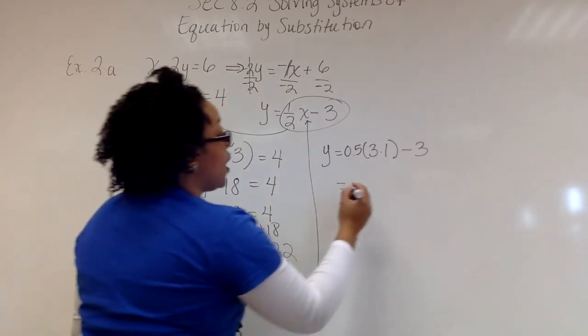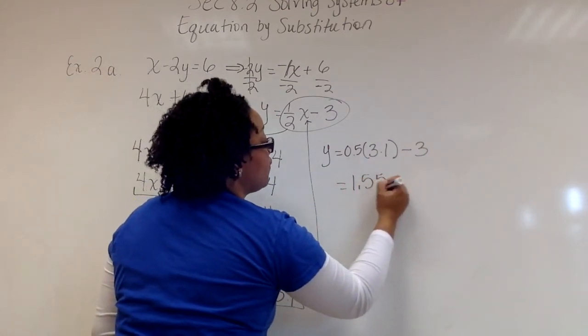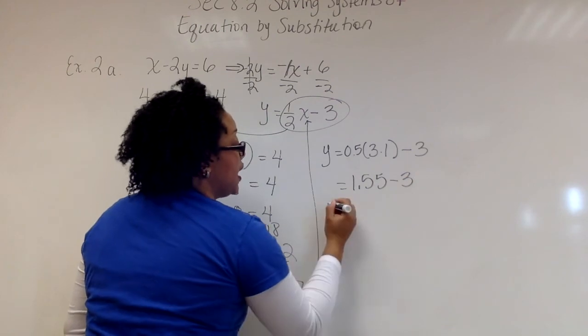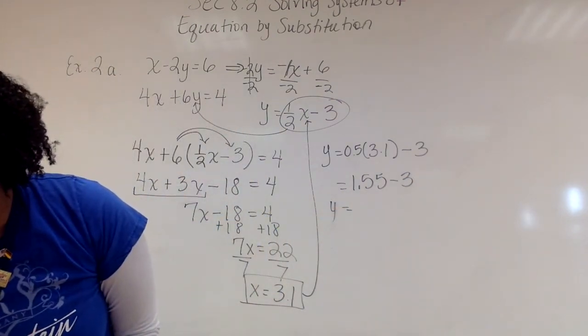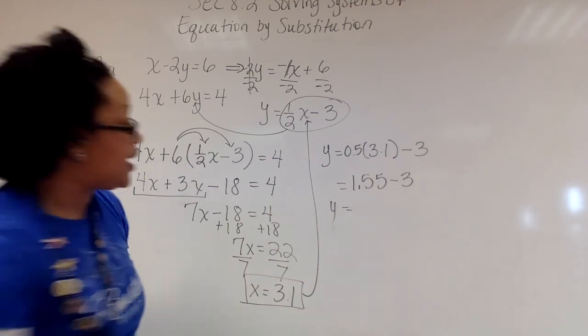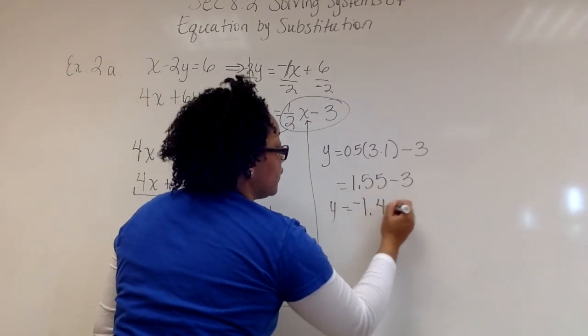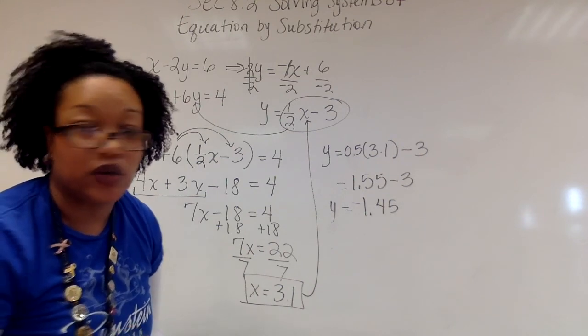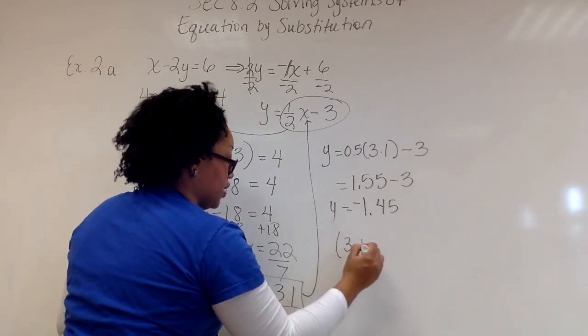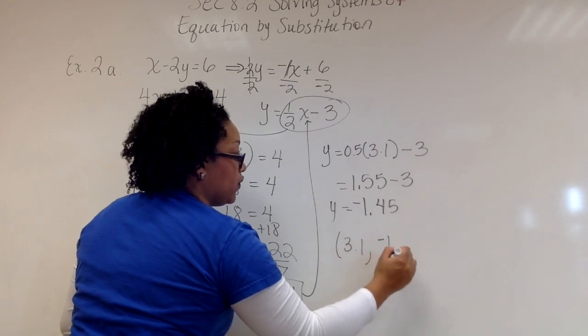So I get y is equal to 1.55 minus 3. So my value for y is -1.45. So my answer is 3.1 and negative 1.5.